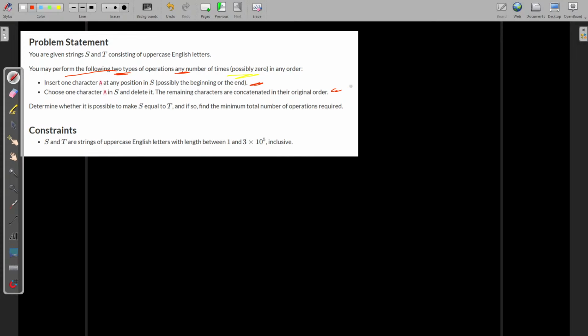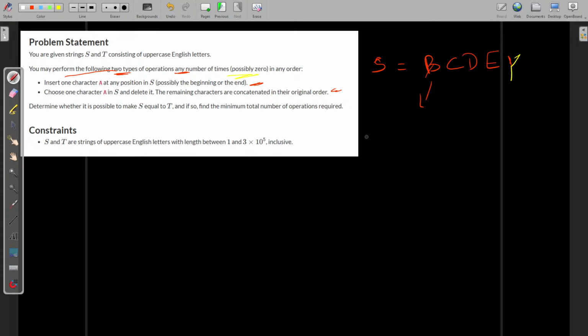So what does this mean? Actually, it took me a few minutes to understand. Let's say we have a string S equal to B, C, D, E. We cannot just delete any character from this string. It's not allowed. And you cannot just insert any new character into this string. That is also not allowed.